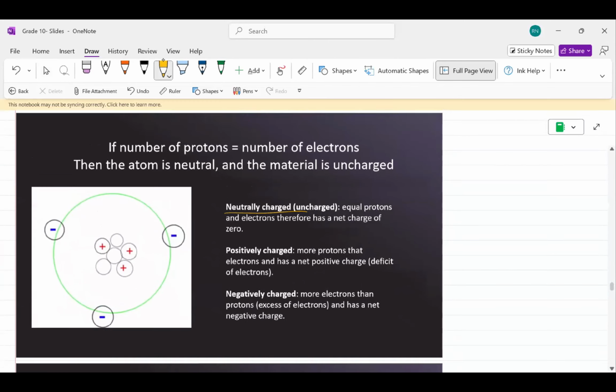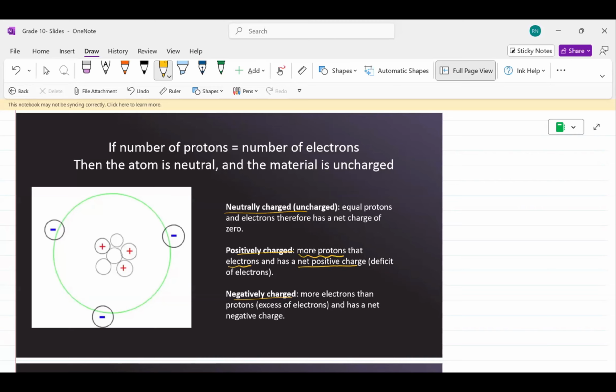Now, when we have an imbalance between our negative electrons and positive protons, that's where we have either positively charged or negatively charged atoms. Positively charged is when we have more protons than electrons, and that makes sense. If we have more positive protons, that means we're going to be more positive, so we're going to have a positive charge.